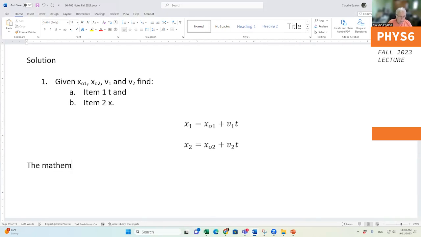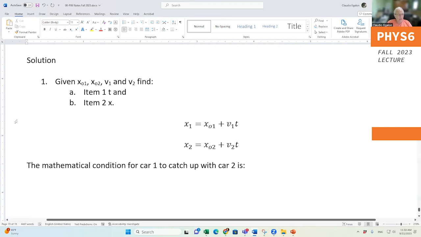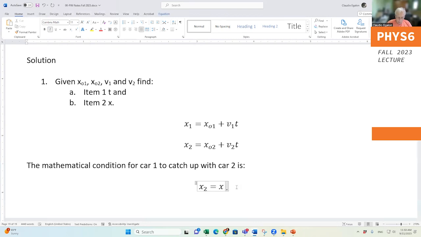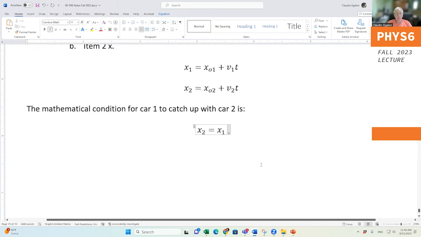The mathematical condition for car 2 to catch up with car 1 is that the position of car 2 is going to be equal to the position of car 1, or vice versa.